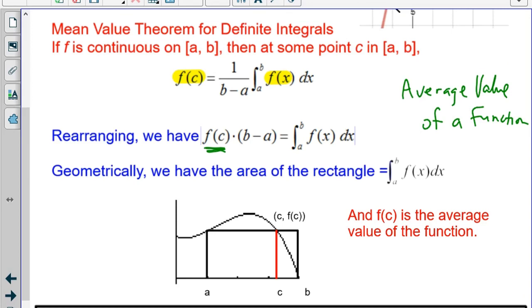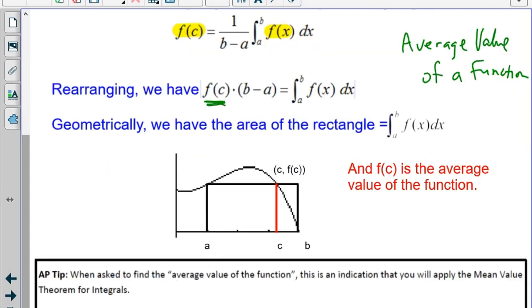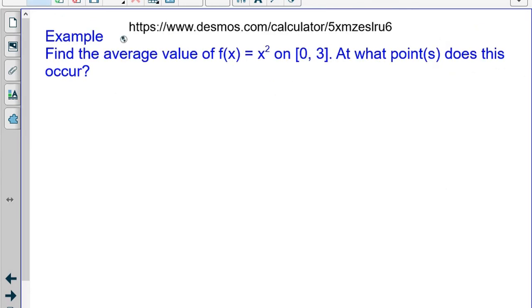F of c is the height at which this function's area is morphed into a rectangle over the exact same interval that we're talking about. Tip for the AP test: when asked to find the average value of a function, we want to do the mean value theorem for integrals.